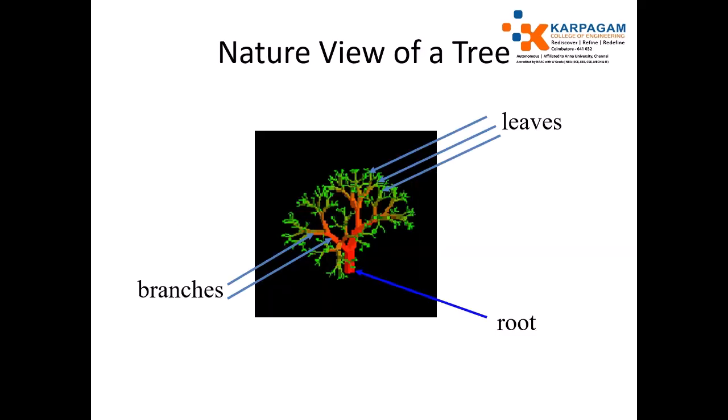Basically, you view a tree, the nature view of a tree, like in a tree we have a root and we have several branches. Each branch has several leaves. This is the human view of a tree.